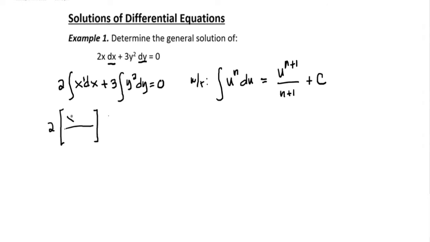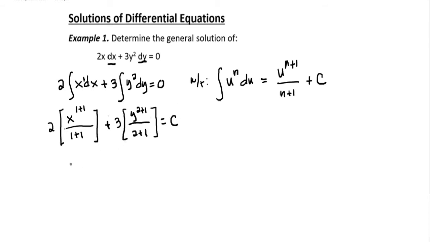So the answer is x^(1+1) over 1+1. For the second term, write 3 here, then apply the power formula for the integral of y squared dy. N here is equivalent to 2. So, the answer is y^(2+1) over 2+1. Then write the constant here, c.